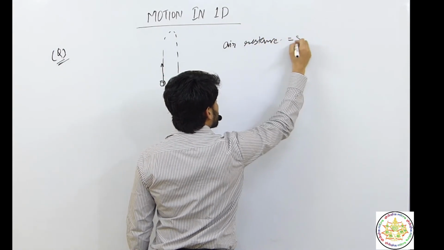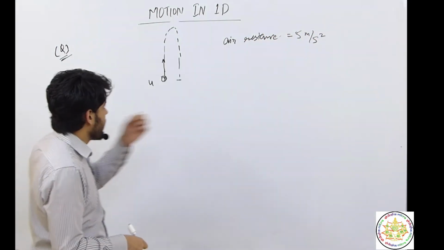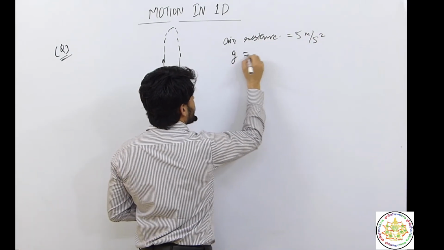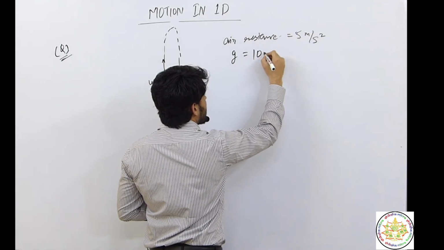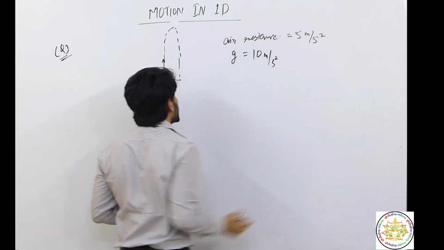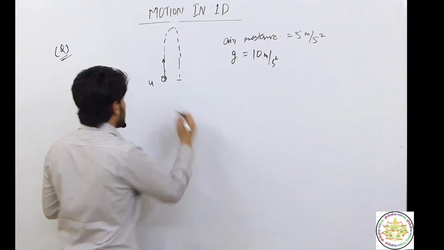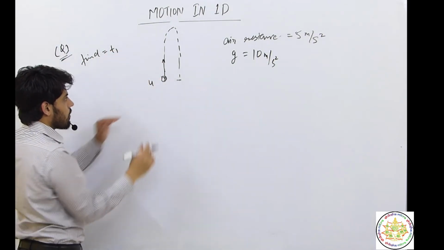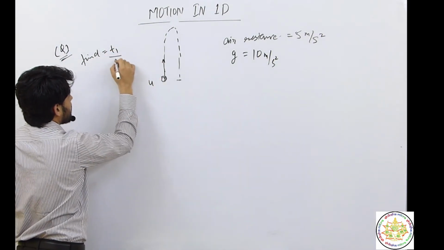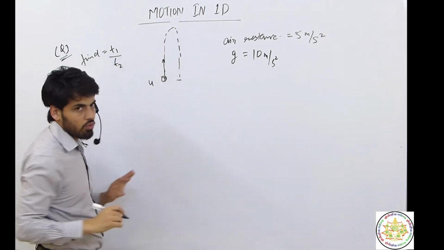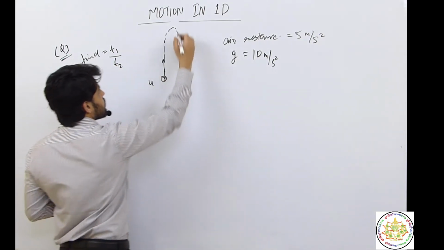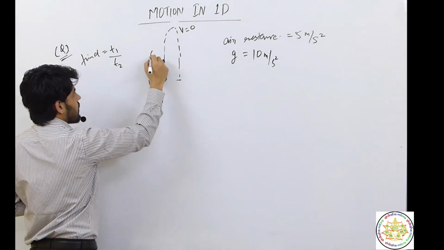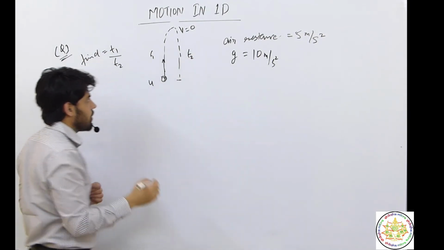The air resistance is given as 5 meter per second squared, and acceleration due to gravity is given as 10 meter per second square. So what we have to find is the time of ascent, the time taken to reach the maximum level, divided by the time of descent to reach the ground or the same point again. So v is taken as 0, and this is t1 and this is t2.